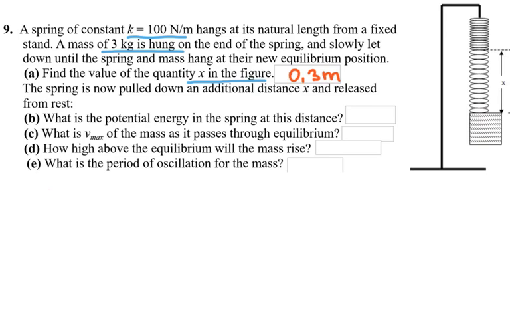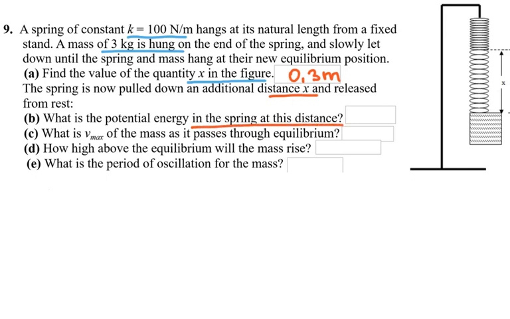For the next question, they say the spring is now pulled down an additional distance and released. So it is pulled down an additional same distance, 0.3, and then released from rest. What is the potential energy in the spring at this distance?